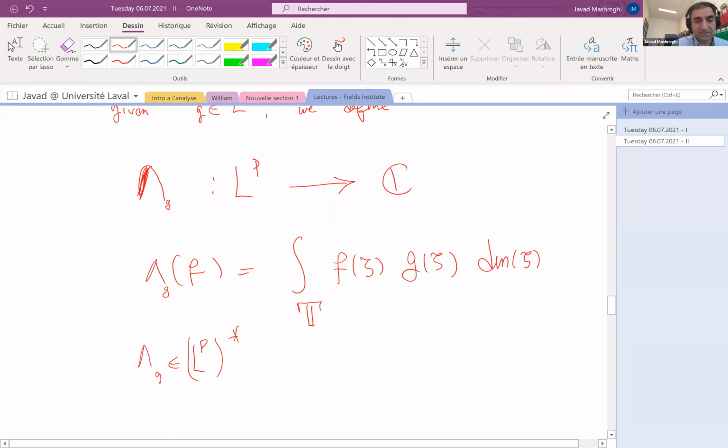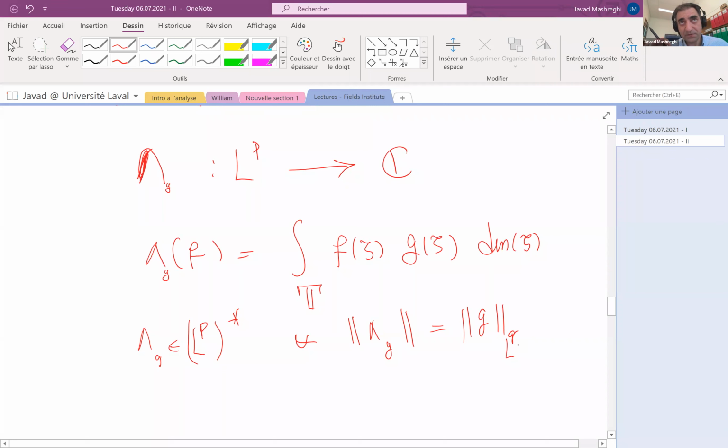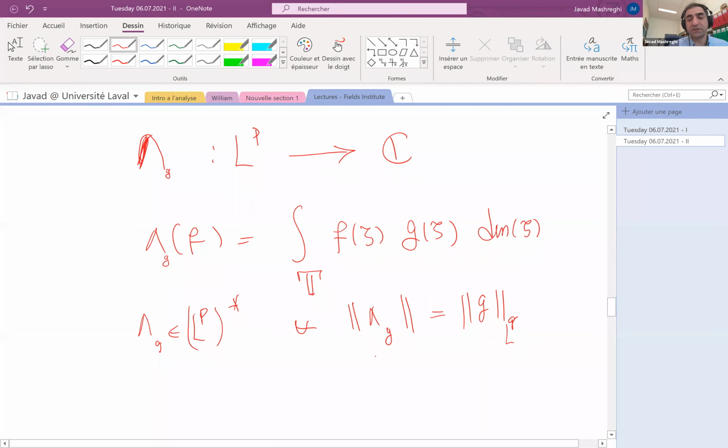In other words, it's a bounded linear functional on L^p, and also the norm of lambda_g as a linear functional is equal to the norm of g in L^q. I used two technical words, isometrically isomorphic. Isometric is for this one: the norm of lambda_g is equal to the norm of g in L^q.